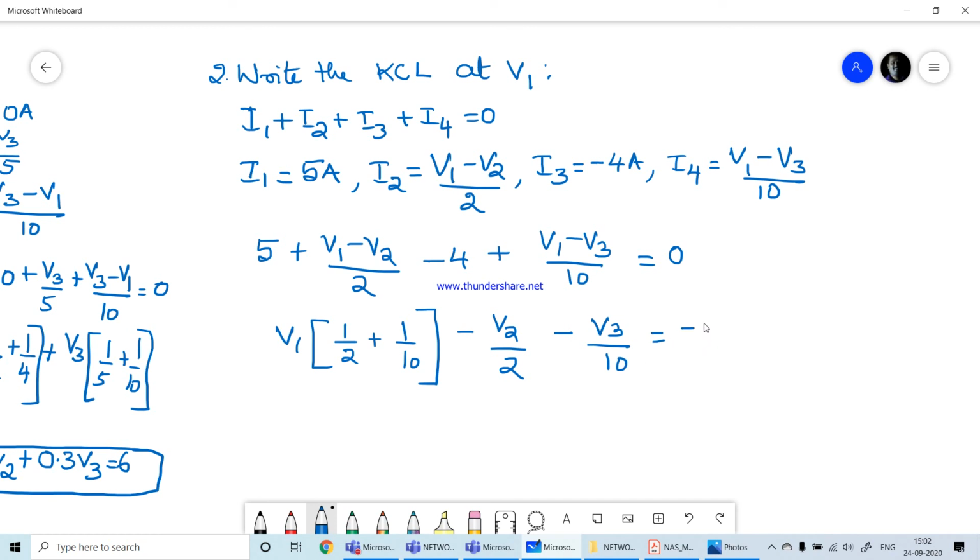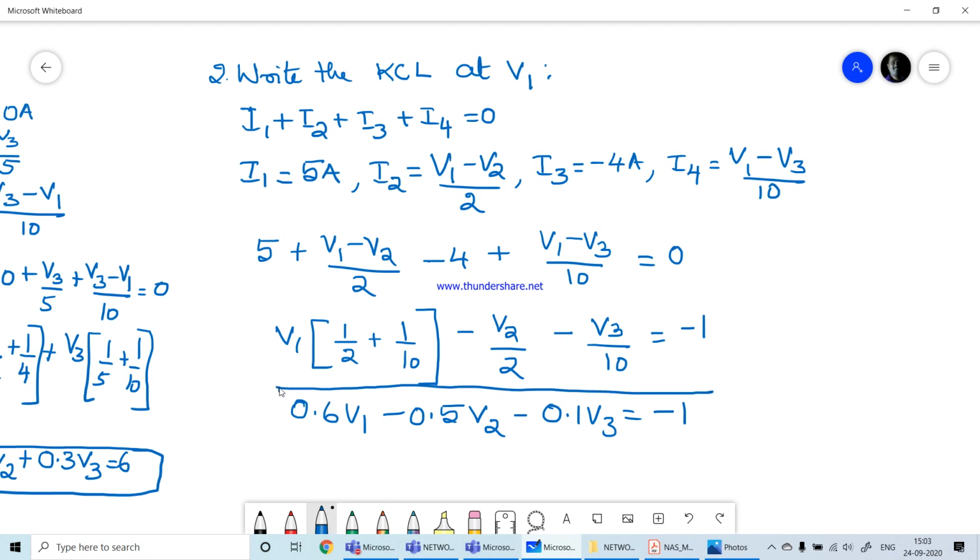If I take it to the right hand side, it becomes minus 1. So 1 over 2 is 0.5 plus 0.1, so it is 0.6 V1 minus 0.5 V2 minus 0.1 V3 equals minus 1. Therefore, this is the third equation we have in terms of V1, V2, V3.